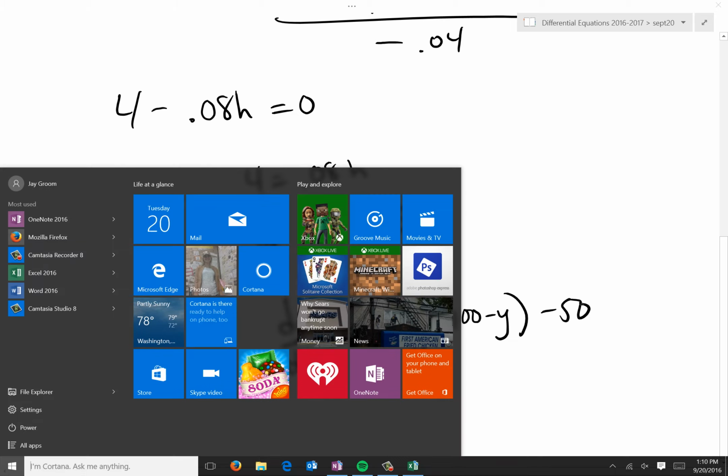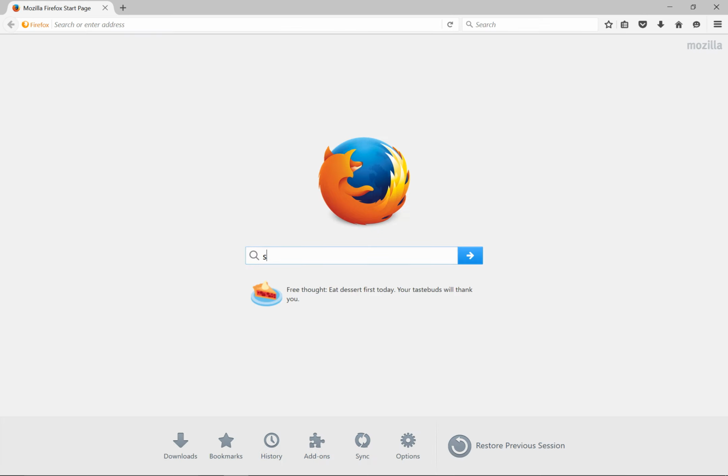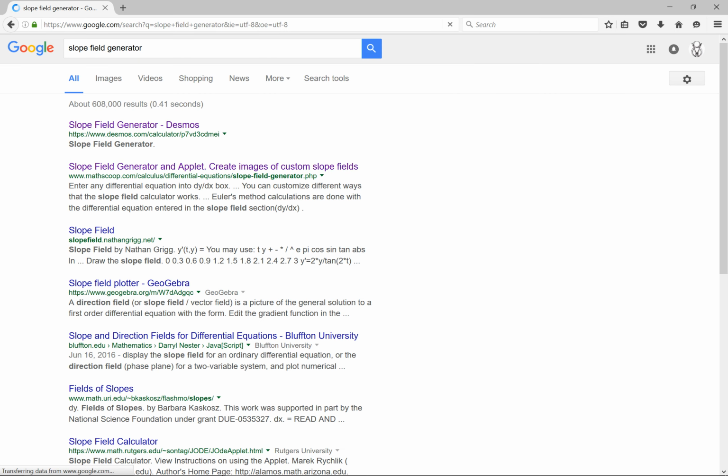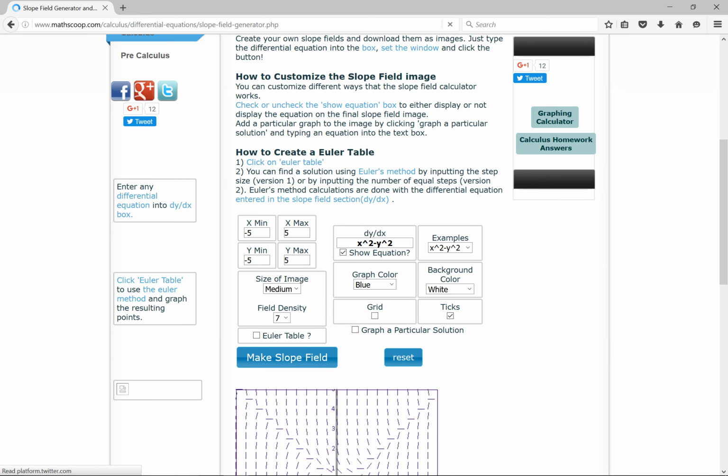Let's go find out. I'm going to go look at the old slope field generator. This one. You can't not think of it now, can you? 0.02 y.